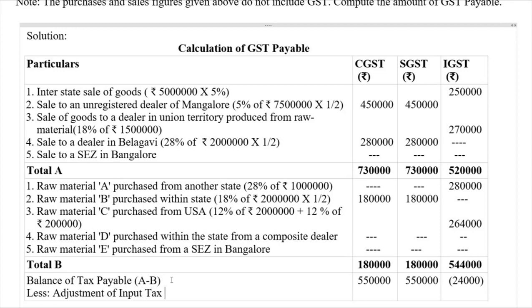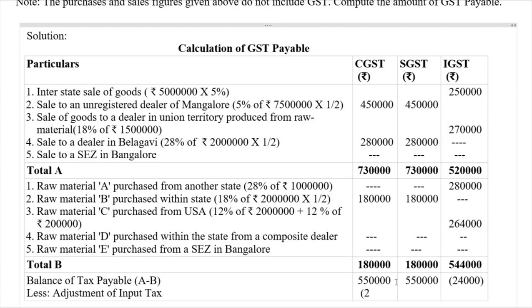Here when we look into this table, we can come to know that the input tax credit is there in case of IGST, which will be utilized for payment of first CGST, then followed by SGST. So here let me put in the bracket so that it indicates a minus.